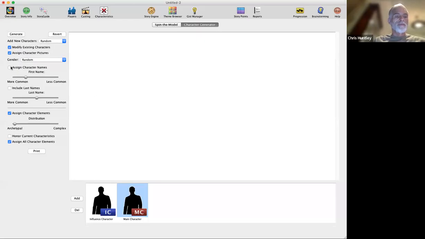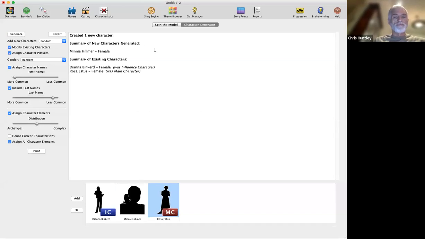Assign character names, first name, yes. You can choose really common names or less common names. I'm going to do more common first names and include less common last names. Assign character elements, either archetypal or complex, or right in the middle, a little bit of both, and then just say generate.